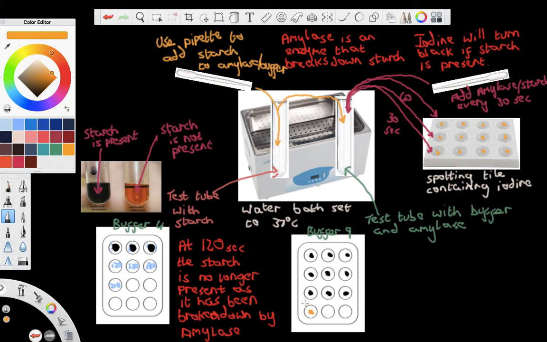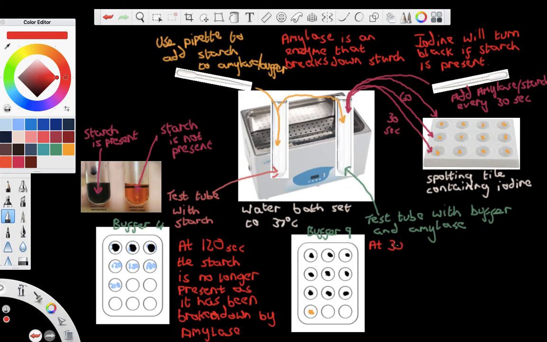So this time we can say that this is 30, 60, 90, 120, 150, 180, 210, 240, 270, 300.